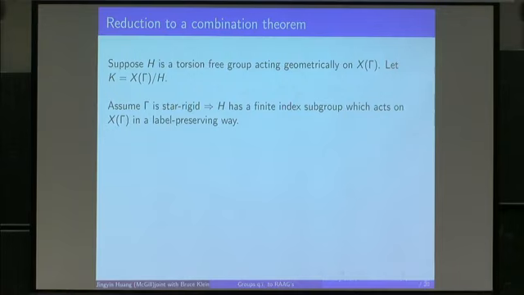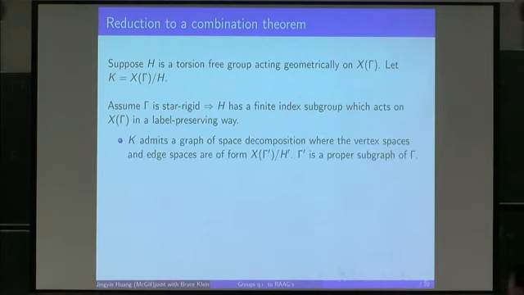So let me tell you how to deal with the orientation issue. First let me make several observations. First, this label preserving condition tells us the following: our quotient complex K will admit a graph of space decomposition where the vertex space and the edge space are of the same form, X of gamma prime, modeled again by a label preserving group action, where gamma prime is some proper subgraph of gamma.